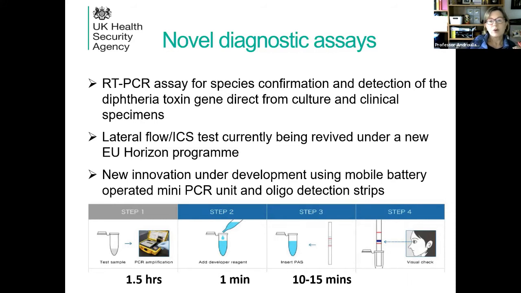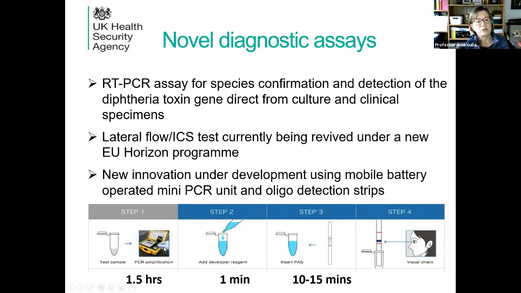And there's also a new innovation that was developed by colleagues in Cambridge to be used in areas such as Southeast Asia. This is like using a mobile battery-operated mini PCR unit and oligo detection strips. It's quite novel, really.